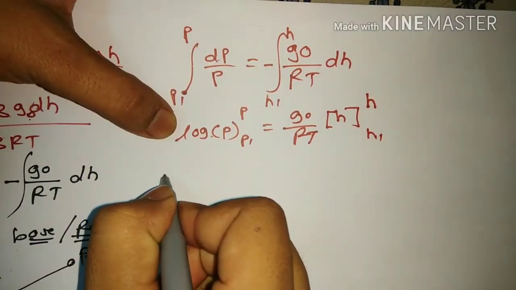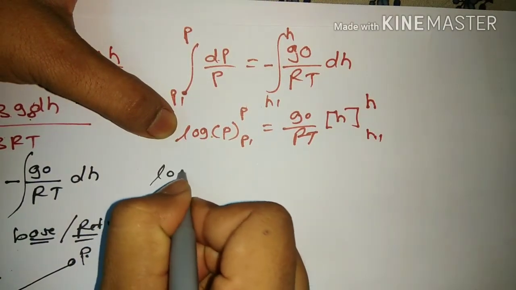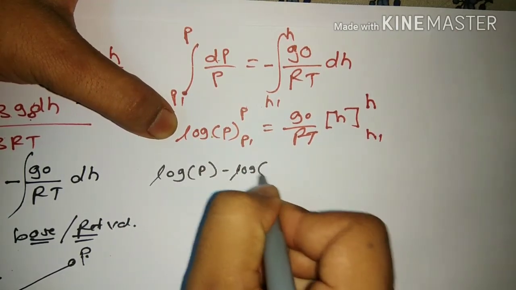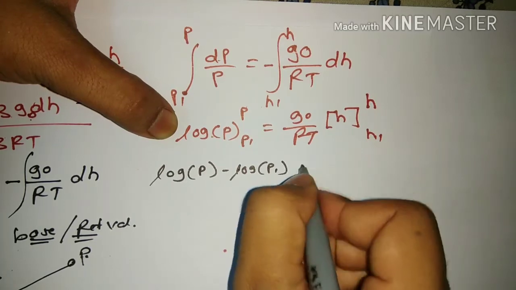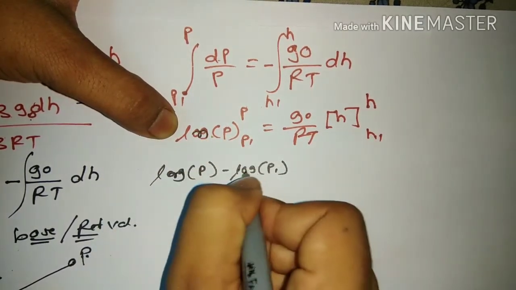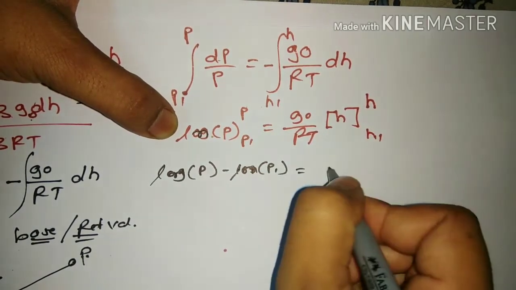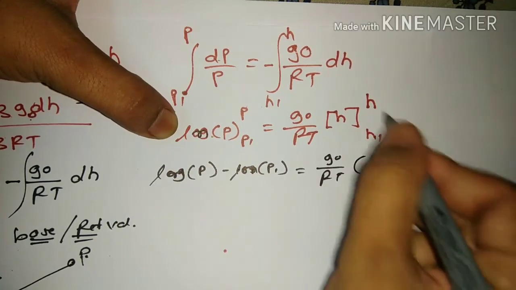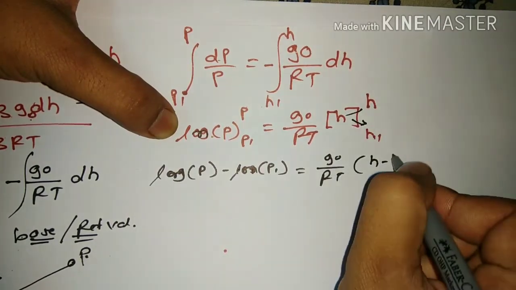So putting the values, ln p minus ln p1 is g0 by RT times (h minus h1).